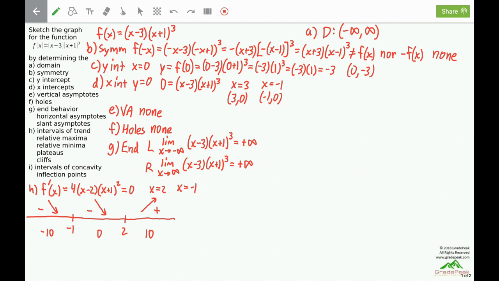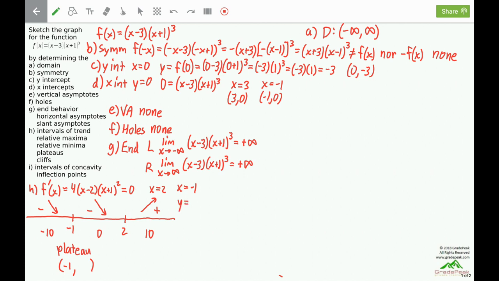Right at the critical number of x equals negative 1, we have the trend on the left decreasing, and the trend on the right also decreasing. The trend didn't change. Yet x equals negative 1 is a critical number, and it came from the numerator. Therefore, x equals negative 1 will be a plateau. It has an x-coordinate of negative 1 and a corresponding y-coordinate that can be found by plugging the x-coordinate back into the original function.